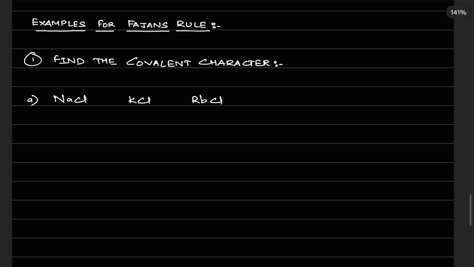Fajans rule deals with covalent character, and covalent character is directly proportional to the charge, and inversely proportional to the size of the cation, and directly proportional to the size of the anion.